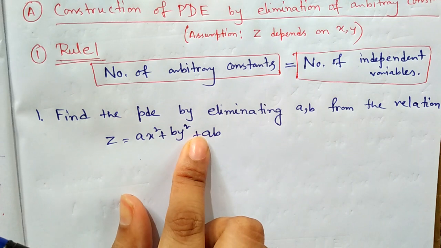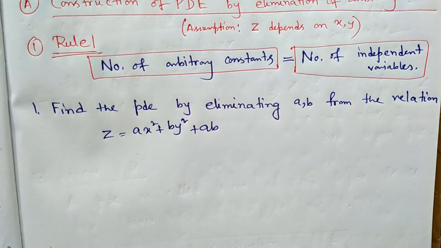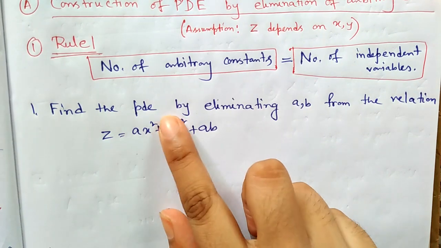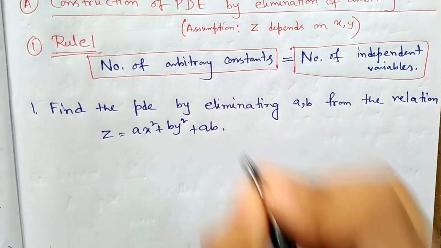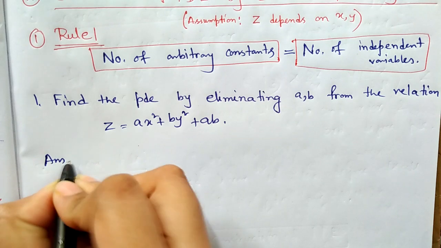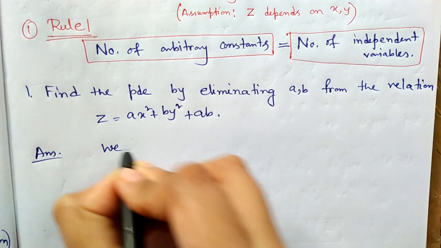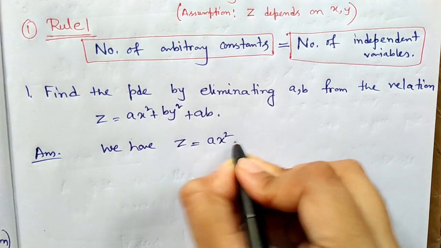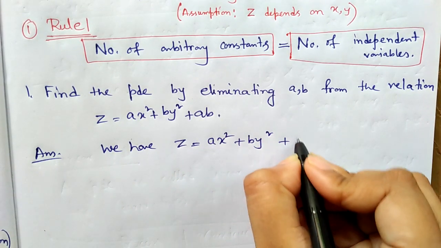Suppose this is our given relation and we have to eliminate a and b to construct the PDE. Now let's start. So we have this z = ax² + by² + ab.